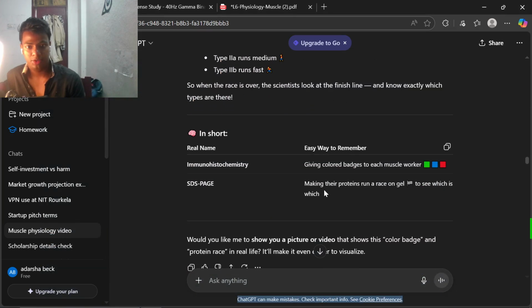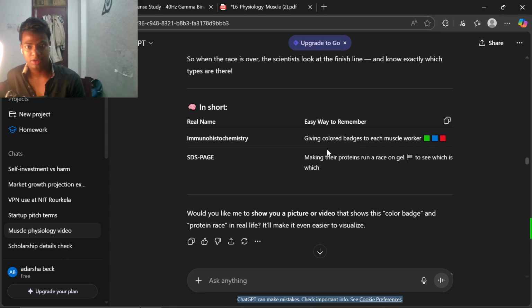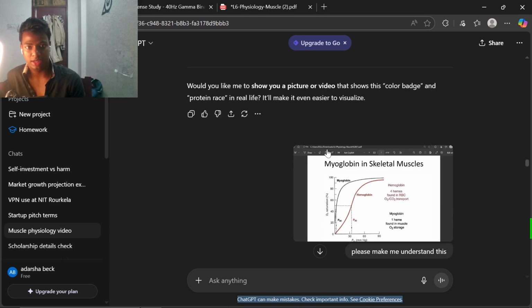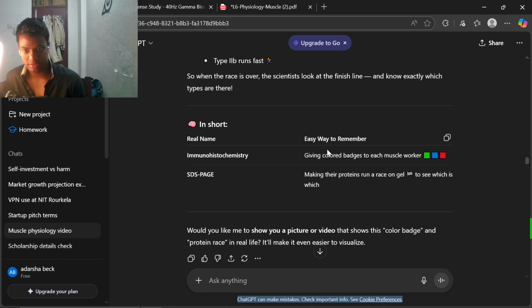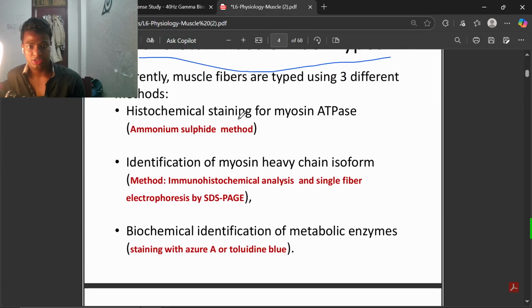From immunochemistry, as we have given a badge to each muscle fiber, if we know that this badge runs faster, then this is a fast twitch and this one is slow twitch. This is a technique we use: histochemical staining for myosin ATPase.